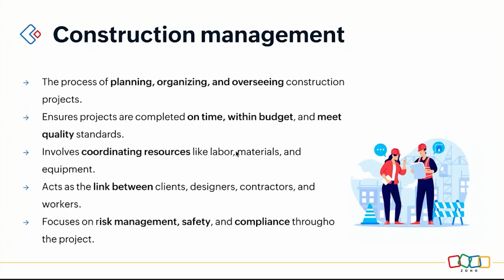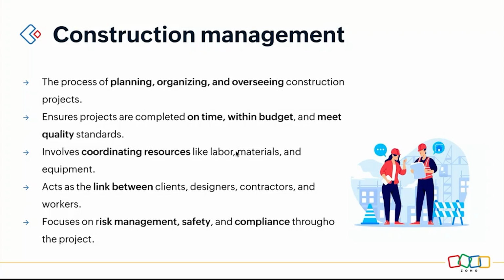So, what are the processes that are to be noted in this construction management? When we are trying to automate this, we have to ensure that the project is completed on time, and we should have frequent tracking of the budget and the expenses that we have estimated. And then we have to make sure that the construction we are doing meets the quality standards.